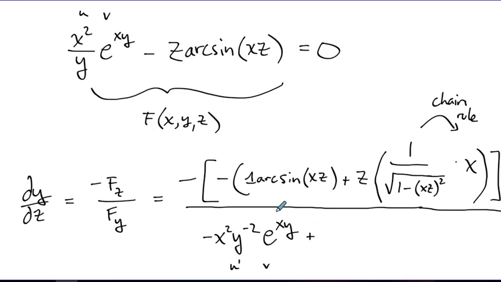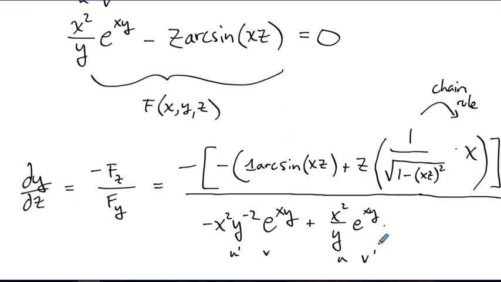Now plus, I'll get this x squared over y because of the product rule, times the derivative of e to the xy with respect to y. So continuing my derivative here, I've got this x squared over y factor that is the first part of my product rule.